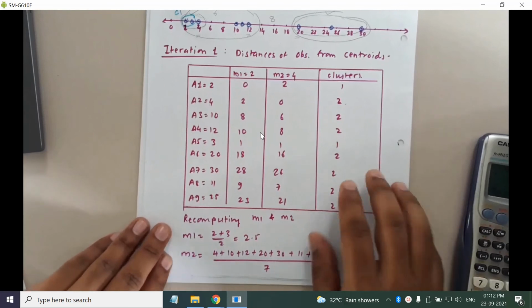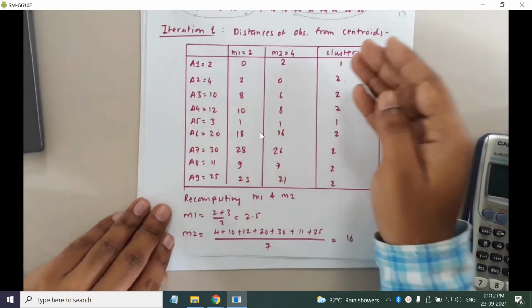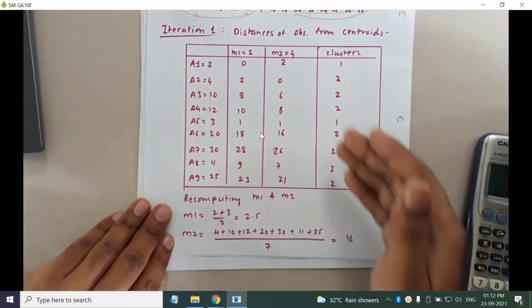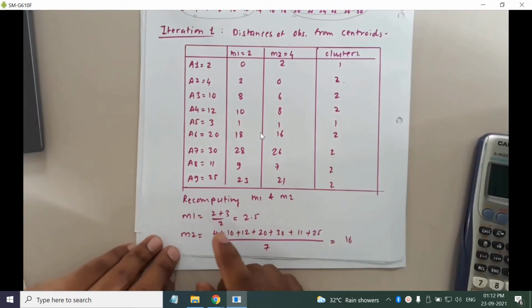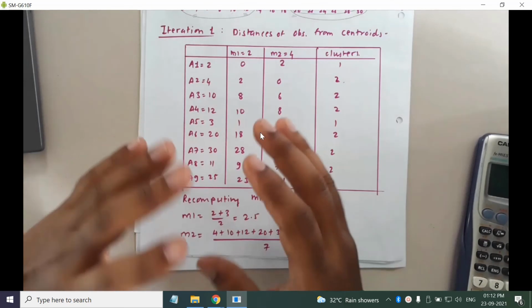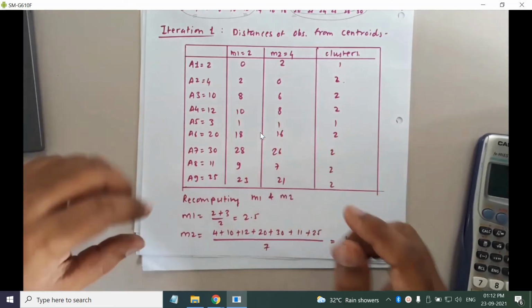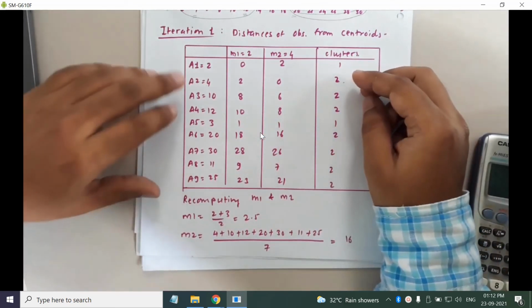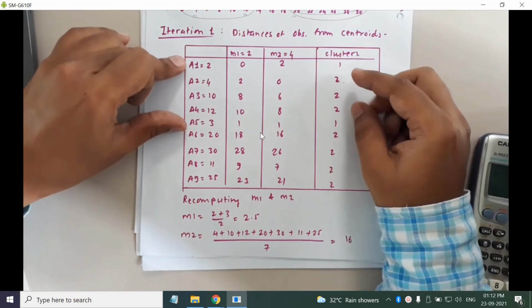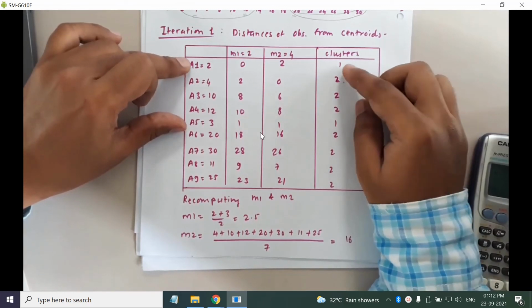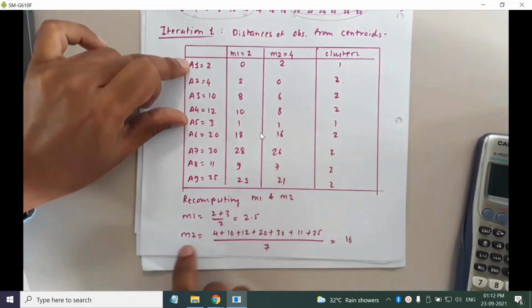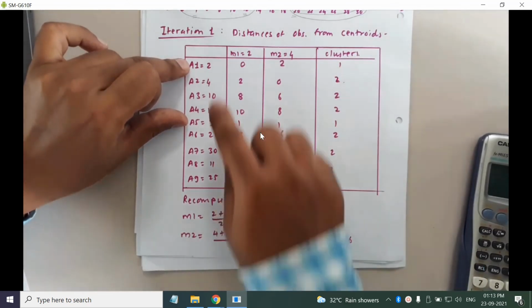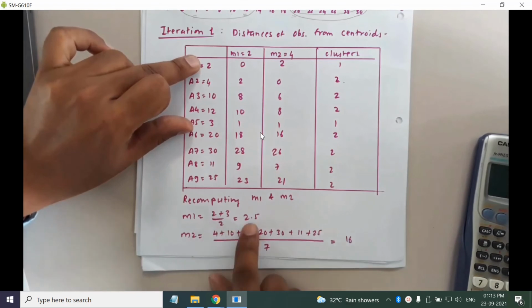Then, once you have assigned the data points to a cluster, the values of m1 and m2 will change. You have done the regrouping of the data points. Now out of these data points, 2 points belong to cluster 1, A1 and A5. So you take the average of that. 2 plus 3 divided by 2 is 2.5.